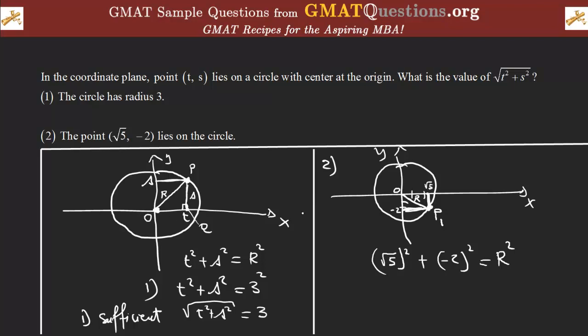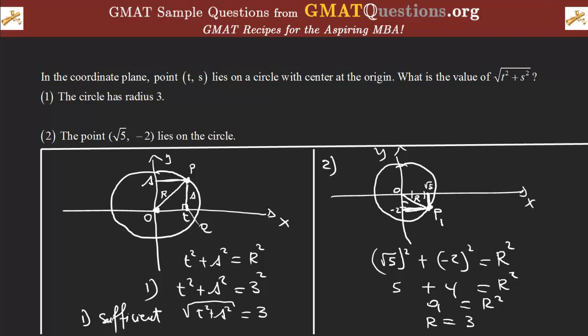Compare this to the first drawing I did here, and you should agree that root 5 squared plus negative 2 squared equals r squared. It's like s and t here, root 5 being equal to t, negative 2 being equal to s. So this is the same as 5 plus 4 equals r squared. So 9 equals r squared, and this means that r equals 3.